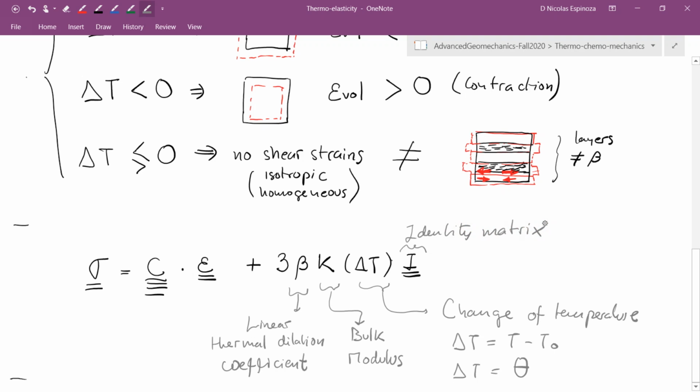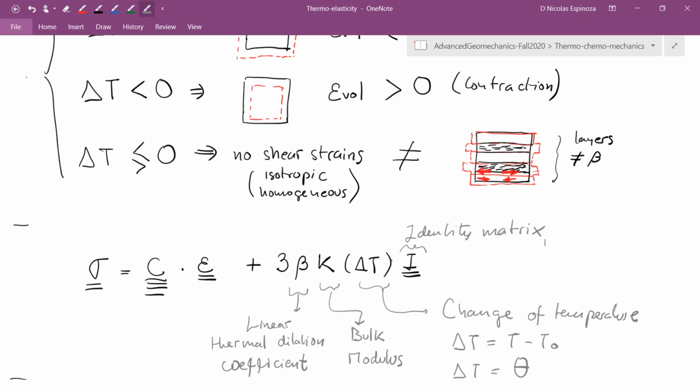Okay, so we're going to make a reverse proof of this equation. I could have developed this equation by incorporating the response of a thermoelastic solid, but I'm going to do the opposite, which I find a little bit easier to explain: give the equation and show that it's true.